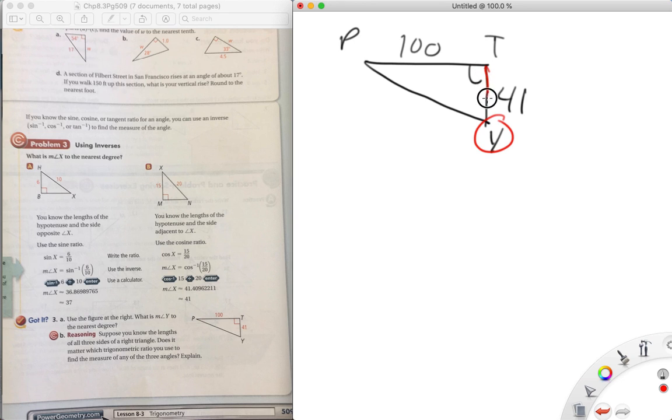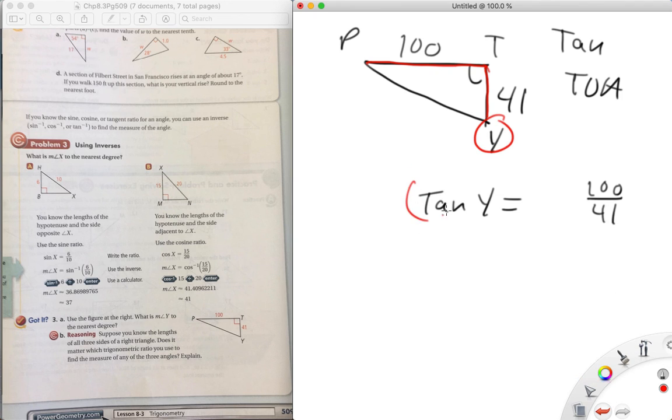We have the opposite over here, and we have the adjacent over here. It sounds like a TOA situation to me. Opposite over adjacent. So tangent of Y is equal to opposite over adjacent, 100 over 41.